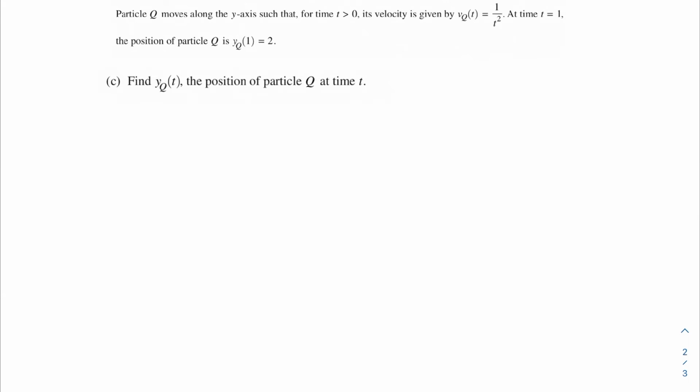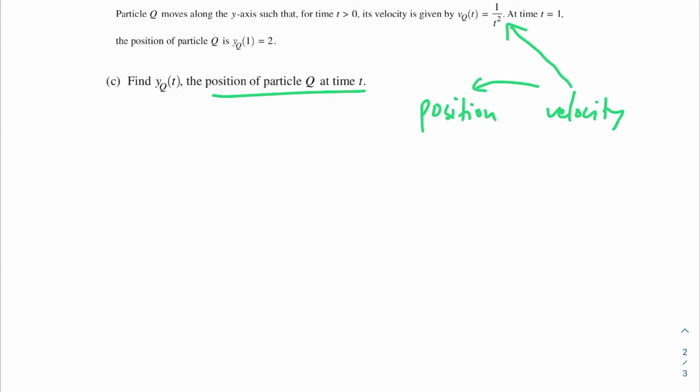I've just copied the little segment in the problem about particle q, just so we have an easy reference. Here we're being asked to find y of q of t, which is the position of the particle q at time t. Remember what I said about the relationship between position and velocity? We have our velocity function here. If we want to go back to position, we're going to need to integrate.